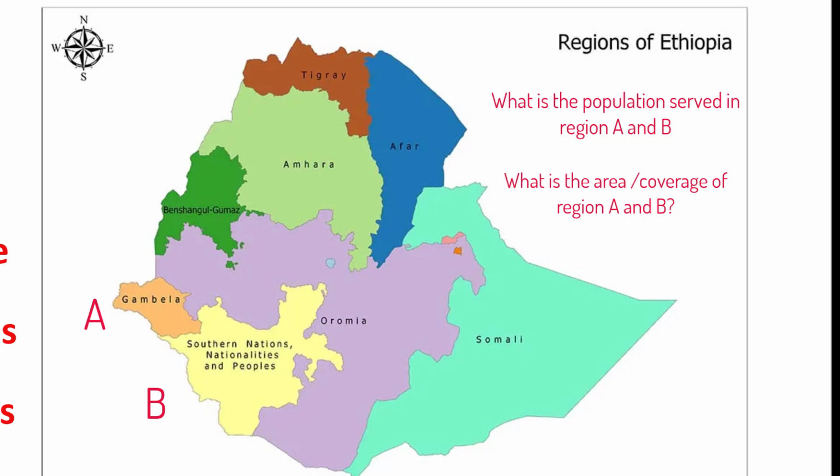That is a more appropriate indicator. You'd need to divide the number of health facilities by the total population served in each area. So then you can make a comparison. That is the basic idea of normalization.